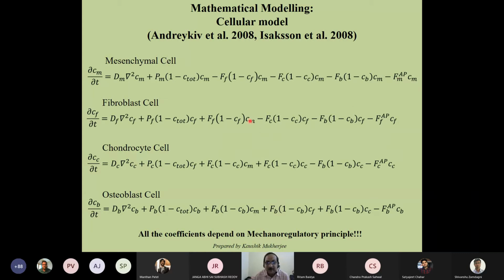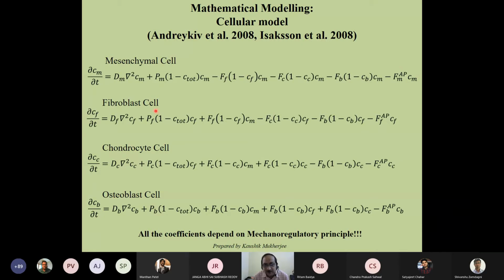So I've explained each of the terms. The small f stands for fibroblast, C stands for chondrocyte, B stands for osteoblast. So from mesenchymal cells, you get all three. Of course, there is some cell death, apoptosis.